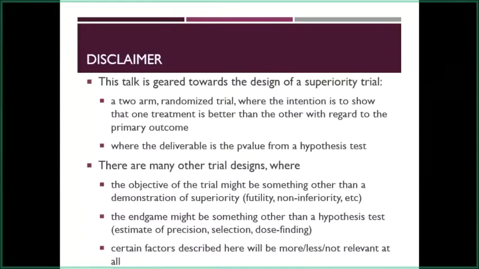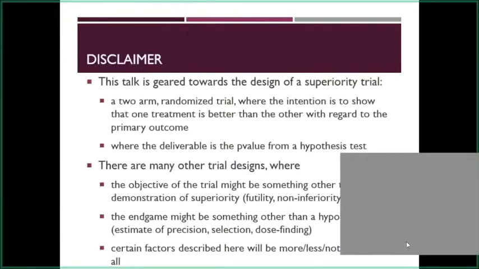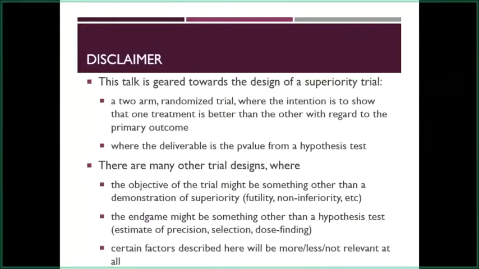Okay, so I can't tell you everything you need to know about design and sample size in this 1 hour. So I'm going to focus on superiority and just want to make you aware that there are other approaches, and you should inquire with your collaborators about those if you start thinking that maybe a p-value and a hypothesis test is not really going to answer the question that you're asking.